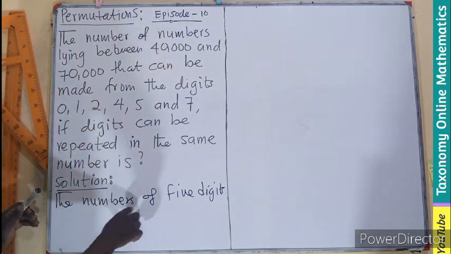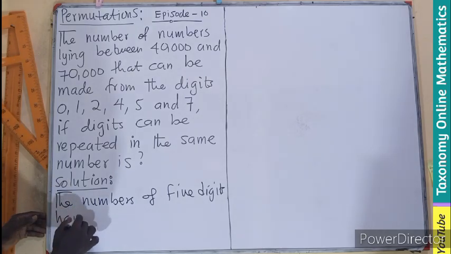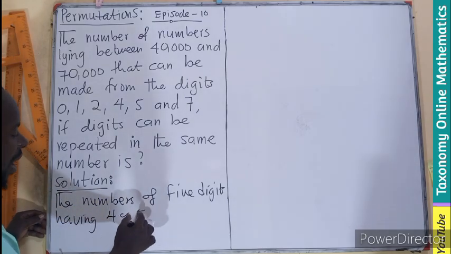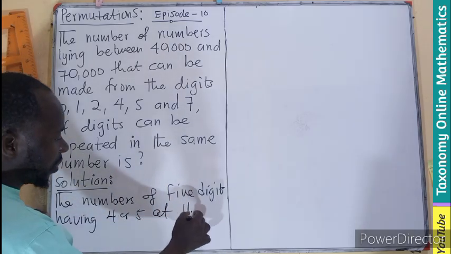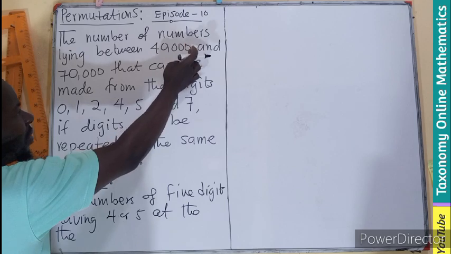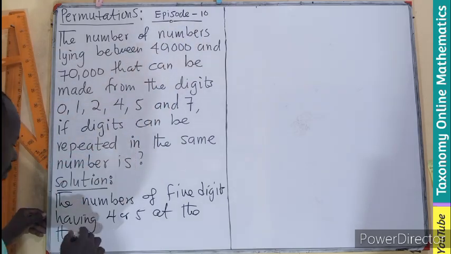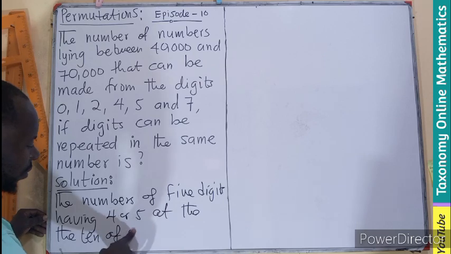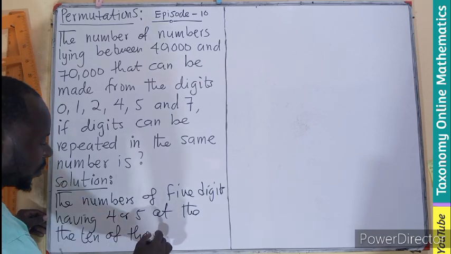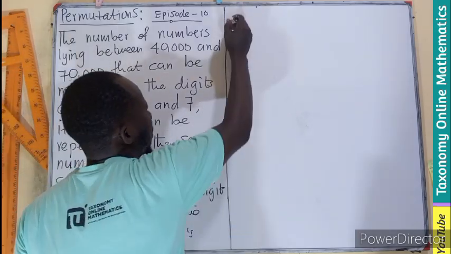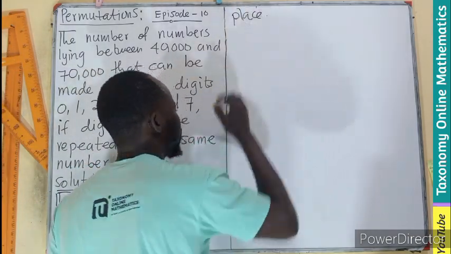So it means that we are going to be having 4, let's say, or 5 at the, what is that position? Ones, tens, hundreds, thousands. So in the ten-thousands place, or let's say position.